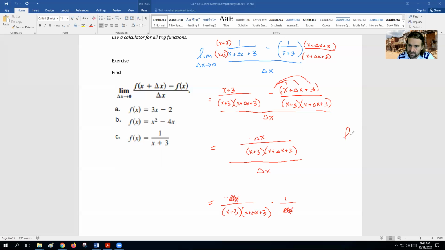And so really we have the limit as delta x goes towards 0 of negative 1 over x plus 3 times x plus delta x plus 3. This is something we can use direct substitution in, because we would get negative 1 over x plus 3 times x plus 0 plus 3, which is just another x plus 3, so the answer here would be negative 1 over x plus 3 squared.